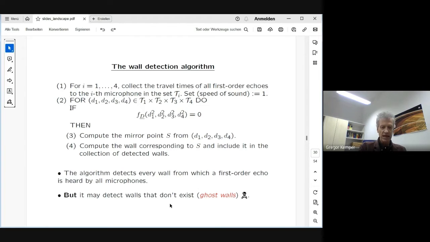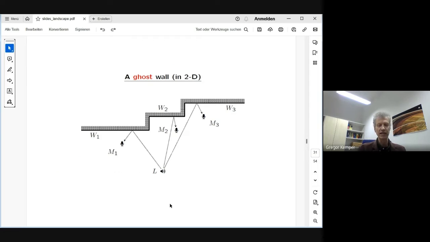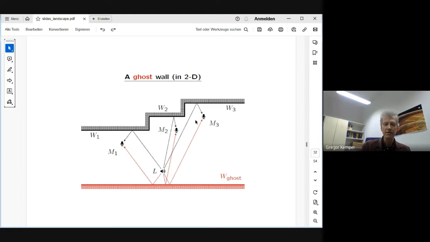So what does such a coincidence look like? Here's one example. This is in 2D for ease of drawing. I drew three walls here, W1 through W3, and these are the trajectories of sound. Now here's the ghost wall, which will in that case be detected.